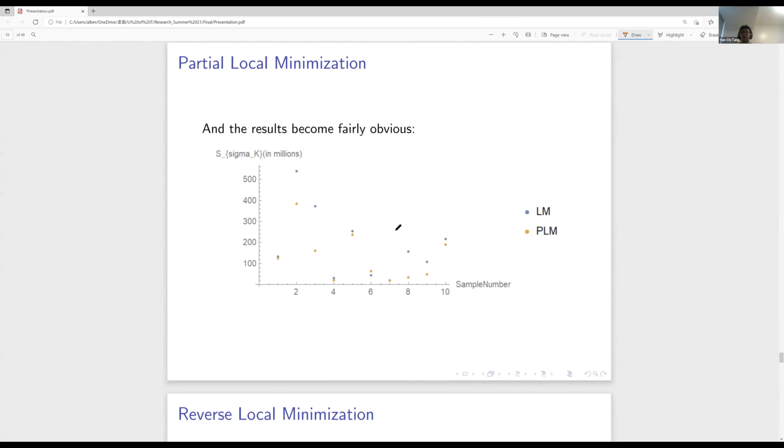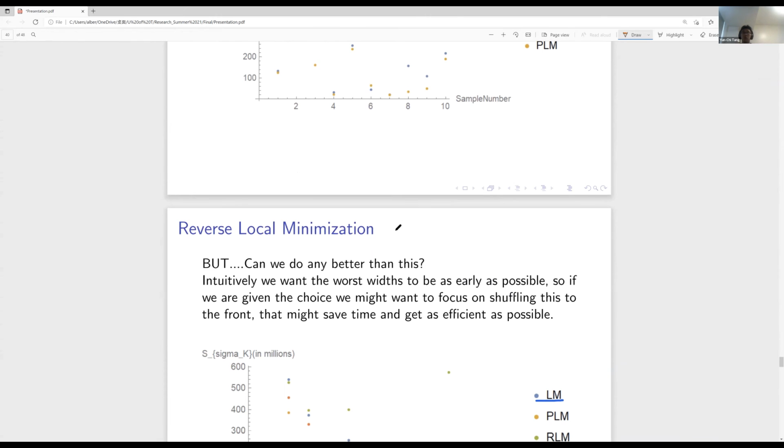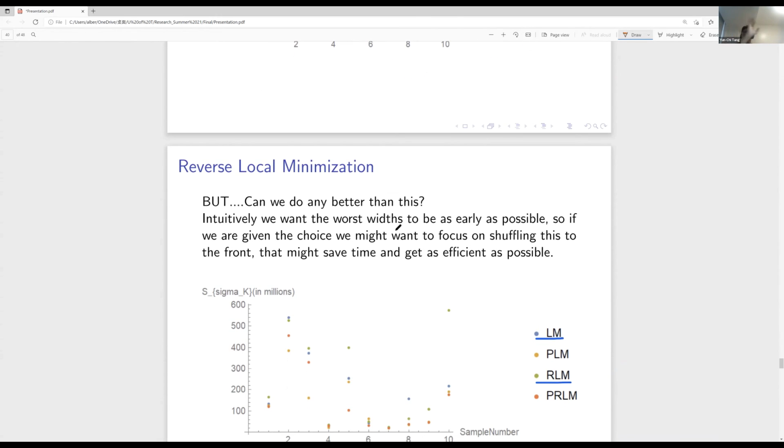And then we can apply the same logic we did to local minimization, and instead of shuffling every time from left to right, we're going to shuffle from right to left, from the back to the front, to be able to reduce that S value even faster. Because now not only are we shuffling faster while still getting decent results and being able to repeat, I'm also able to focus on trying to bring the biggest virtual width to the front instead of letting it stay at the back.